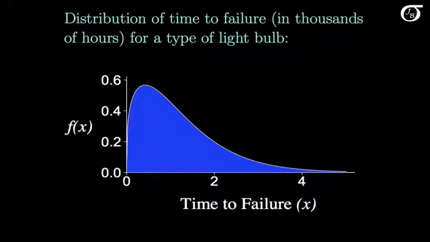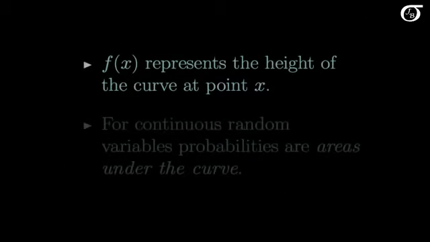Here's another example of a continuous probability distribution: the distribution of time to failure in thousands of hours for a type of light bulb. Values the random variable can take on are given down here on the x-axis. And the probability density function, f of x, is a function giving the height of the curve at those values of x. F of x represents the height of the curve at point x.